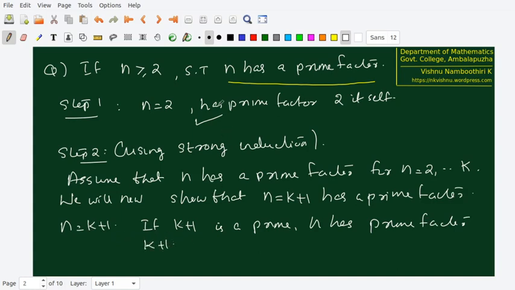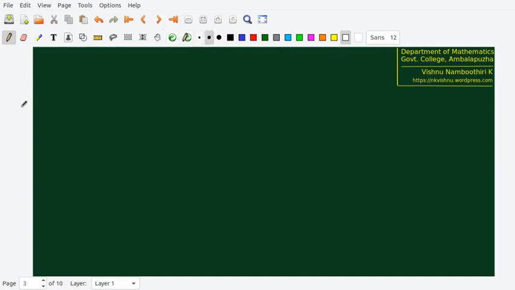There is nothing to prove. So if k plus 1 is not a prime, then we are supposed to prove that it has a prime factor. So suppose n equal to k plus 1 is not a prime. If it is not a prime, remember that we have already assumed n to be greater than or equal to 2. Therefore, if it's not a prime, it has to be a composite. Therefore, k plus 1 is a composite number.